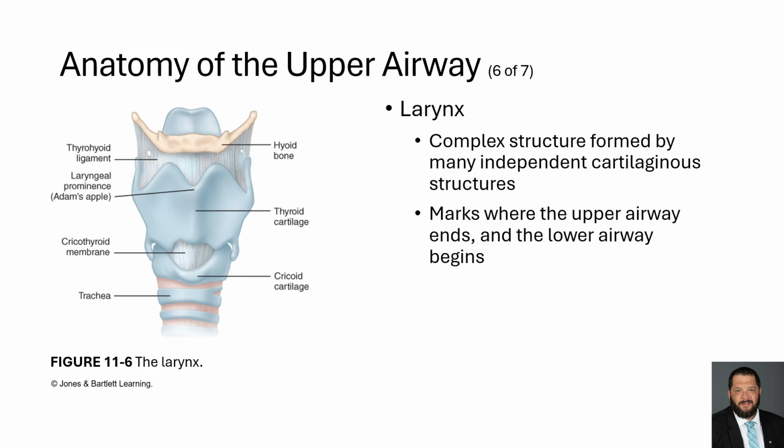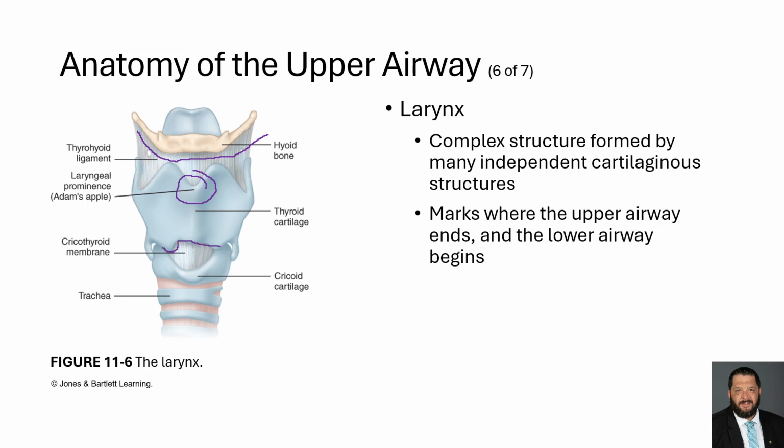The larynx itself contains several components that are of note. You have the thyroid ligament here, just below the hyoid bone. You have a laryngeal prominence, which you can feel or palpate on the neck, and that's just above the thyroid cartilage. I'll show you an image in a second where the thyroid is. You have the cricothyroid membrane.